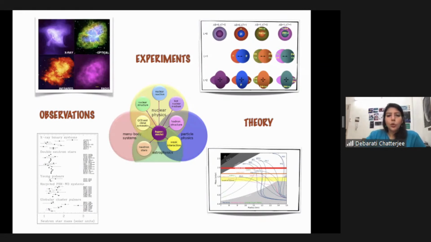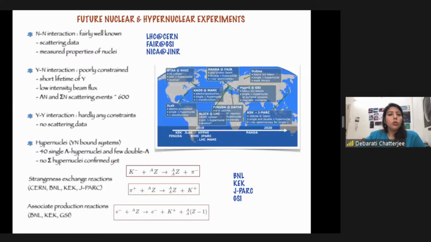Okay. So, there is a lot to look forward to. There are many nuclear and hypernuclear experiments currently going on all over the world, which are giving us information about the interactions between particles in neutron stars. Yesterday, I also talked about many observational facilities that are being launched, and several third generation gravitational wave detectors that are being planned.